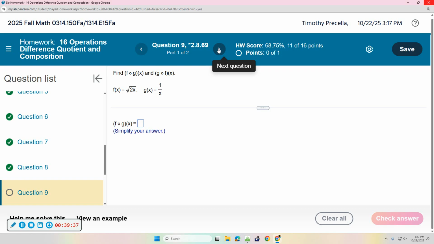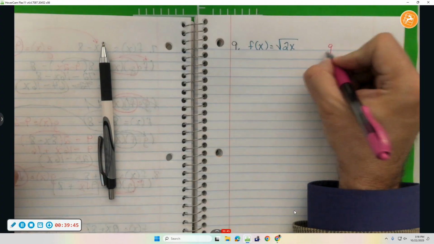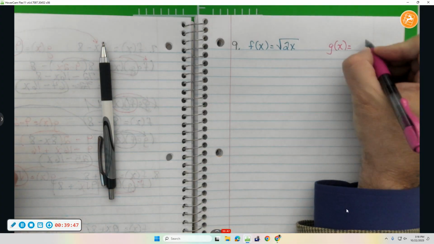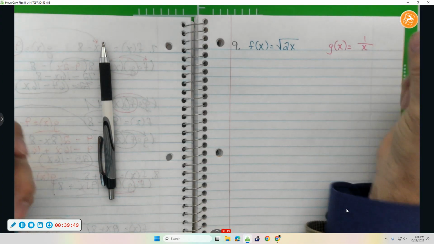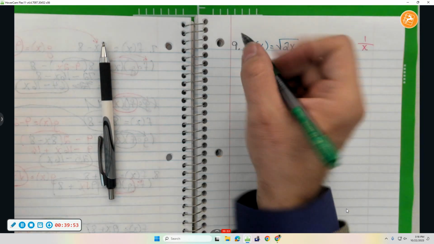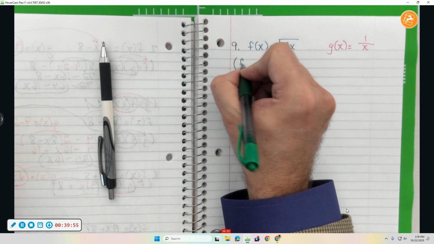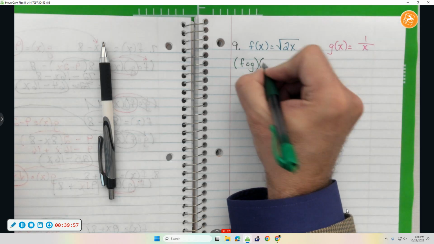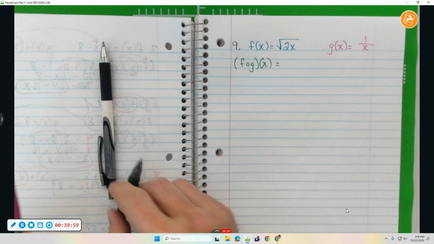Square root of 2x is f of x, and g of x is 1 over x. I like what I did a while ago.